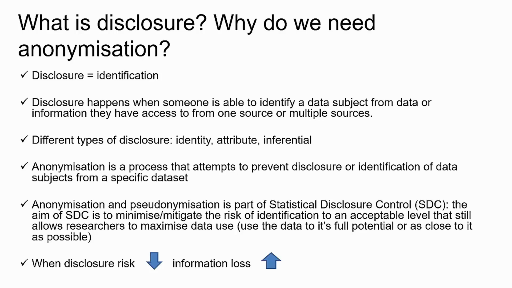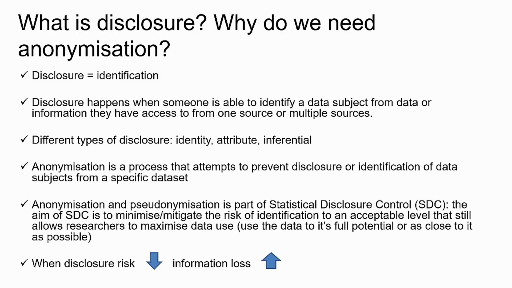You've probably heard of this before. The aim of SDC is to minimize or mitigate the risk of identifying individuals to an acceptable level that will still allow researchers to maximize data use, right? So use the data to its full potential or as close as possible.